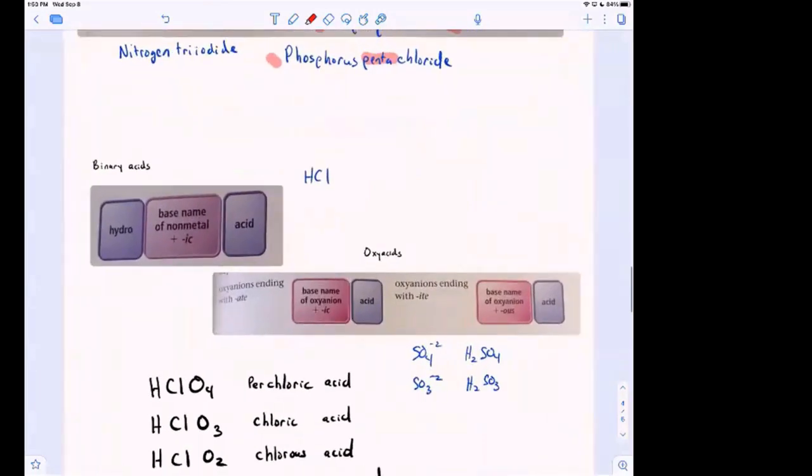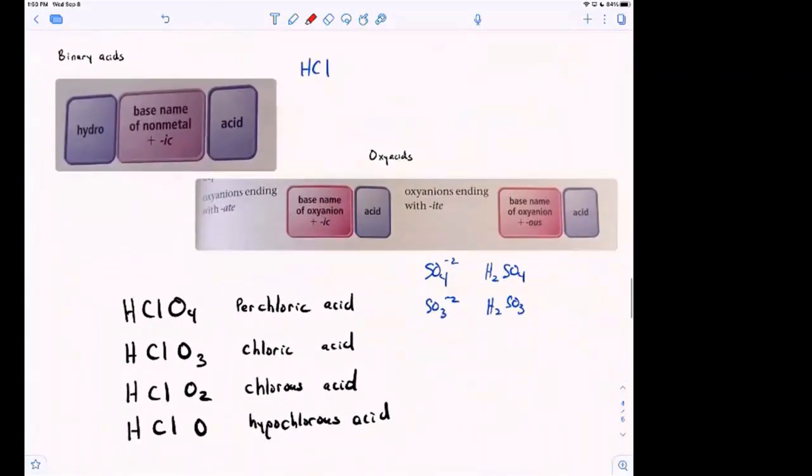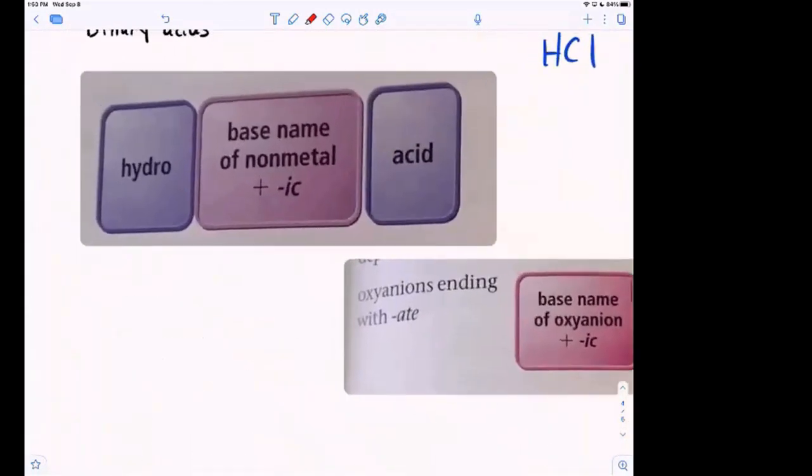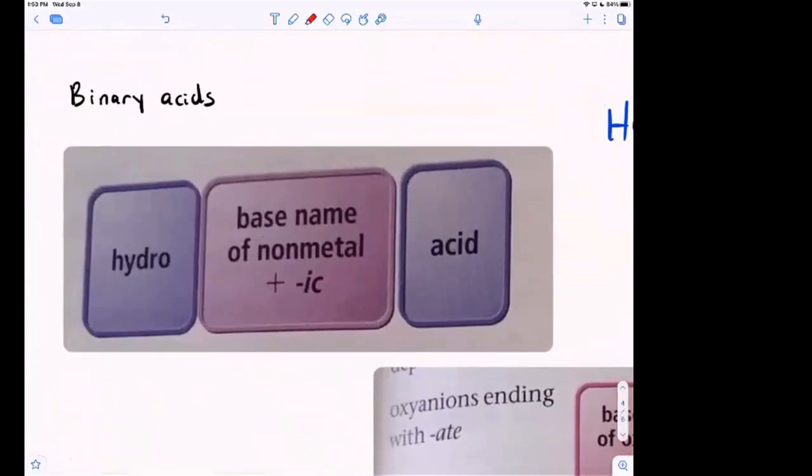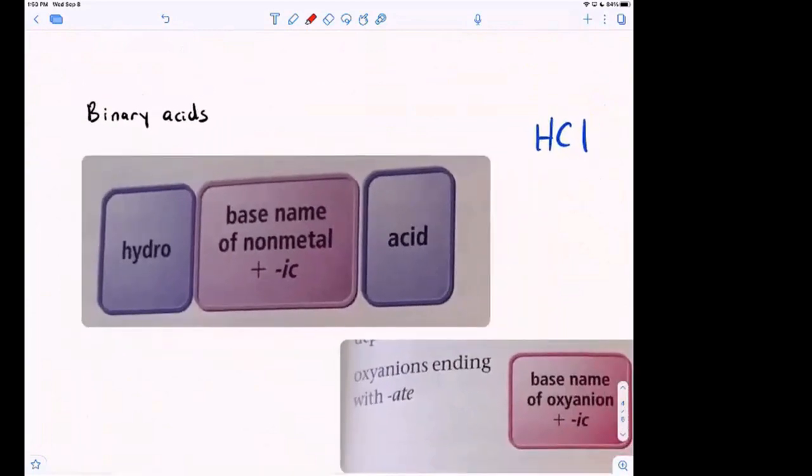Okay, and so we're still on naming and acids. So binary acids, so binary, 2 atoms. We haven't learned this yet, but acids add hydrogen. We'll talk about this much more in depth.